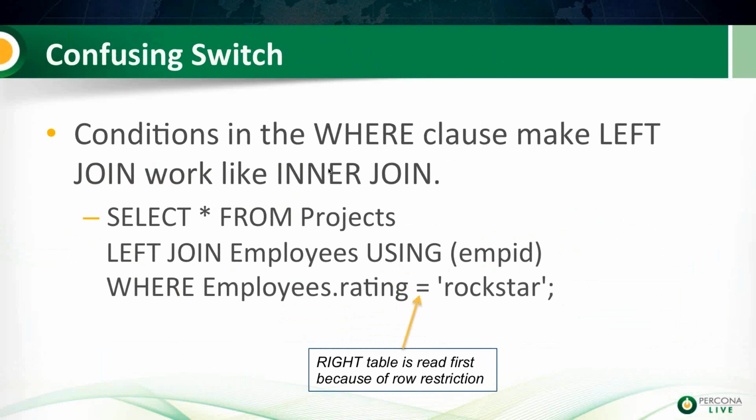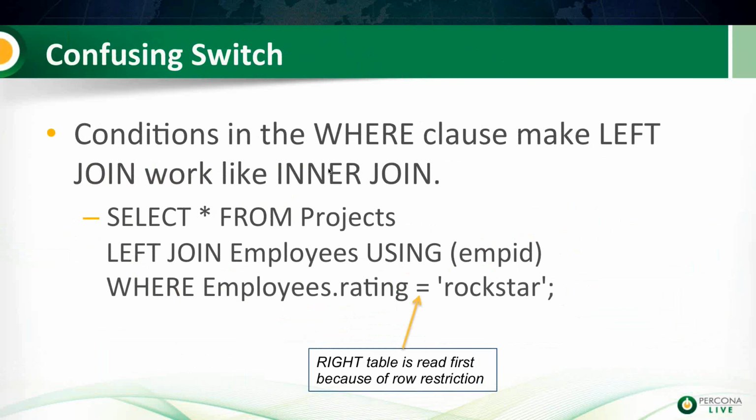If I've got a where clause following my join, where I'm comparing one of the values in the outer table, that is the right table in that left join, to a specific value, that cannot be an expression that's true for any of the null rows that would be represented by an unmatched employee. Therefore, it only returns the rows where there's a project and an employee with non-null rows, and therefore it makes this join work like an inner join.